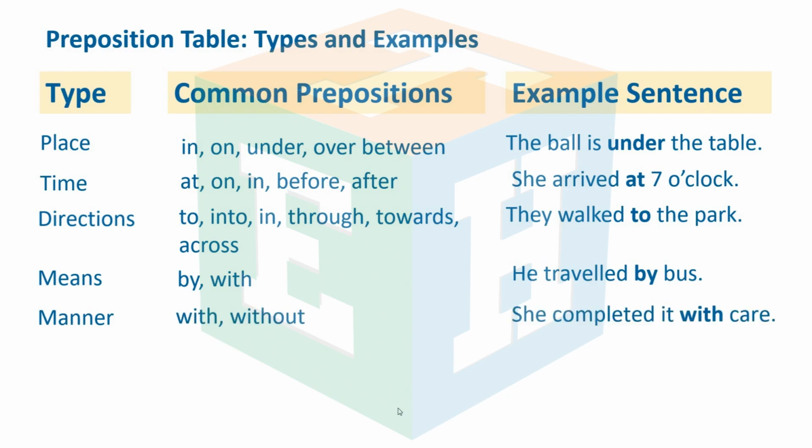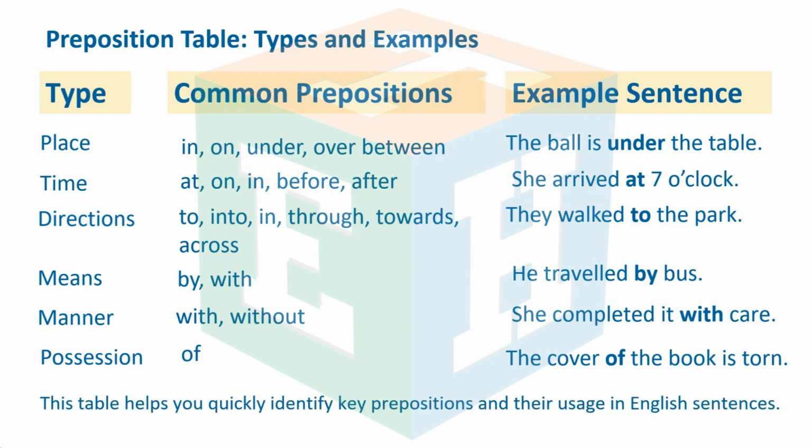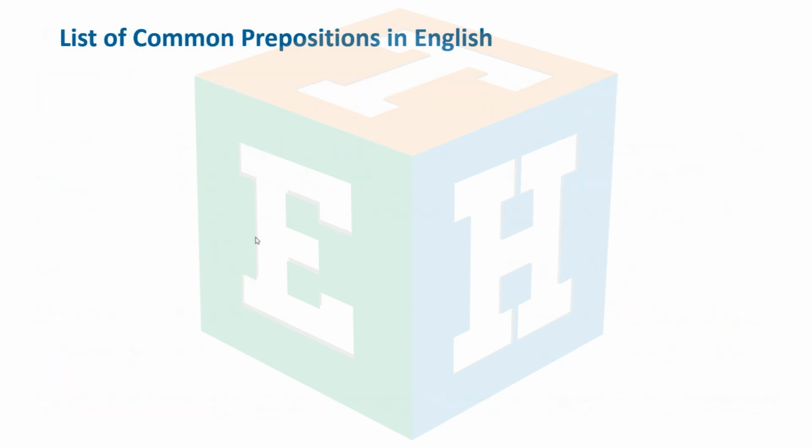She completed it with care. Possession: of. The cover of the book is torn. This table helps you quickly identify key prepositions and their usage in English sentences.